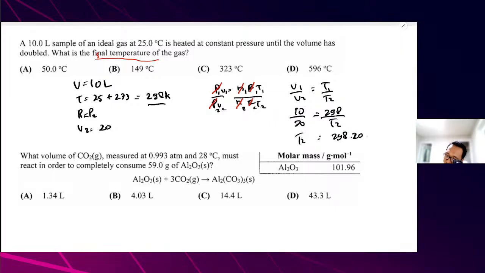Times 20 and then 10, so 596. Yes, this is the Kelvin, and then to get the answer, T2, to get the Celsius.